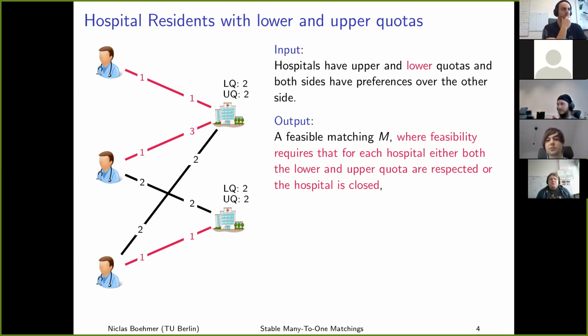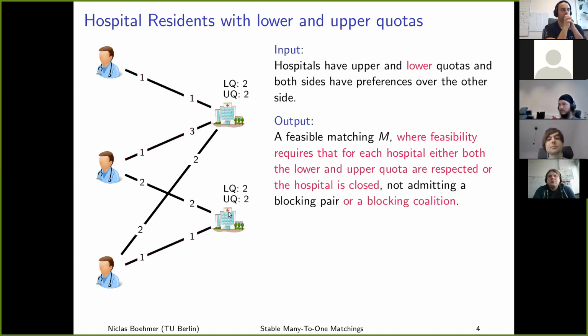This means that no residents at all are assigned to the hospital. For example, here, this matching encoded in the red edges is not a feasible matching because the second hospital has only one student assigned to it, but the lower quota of the hospital is 2, which means that the lower quota is violated, and this is not feasible.